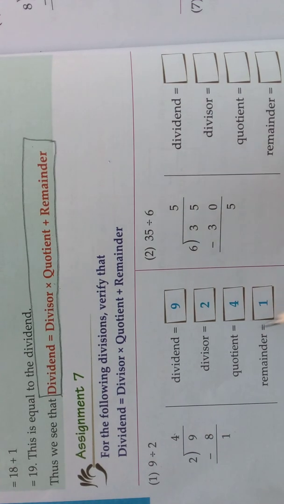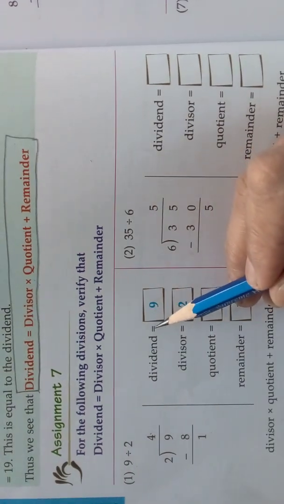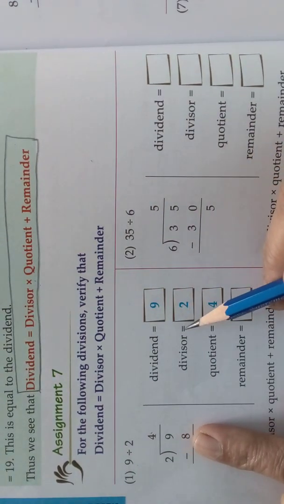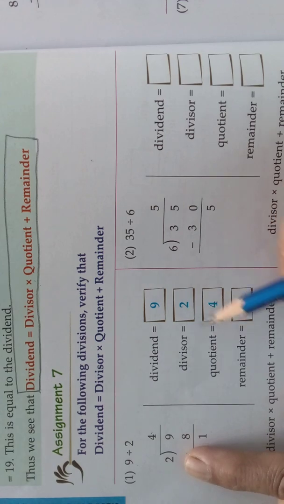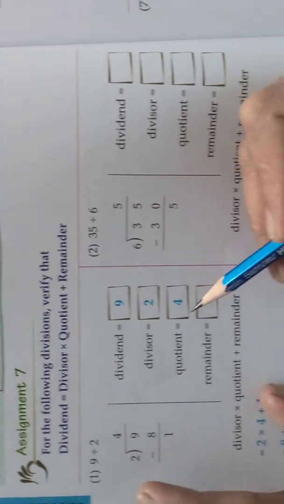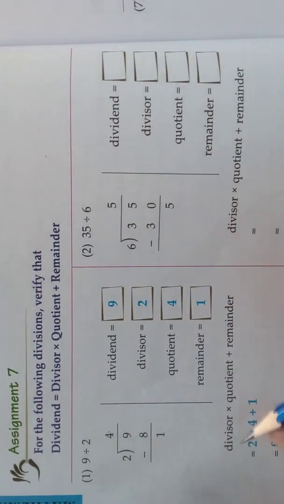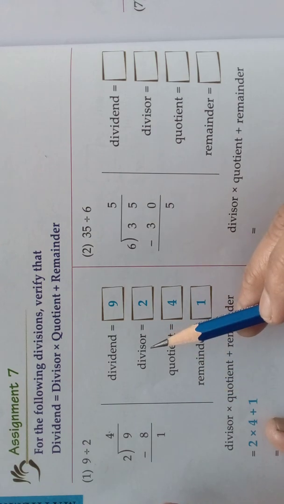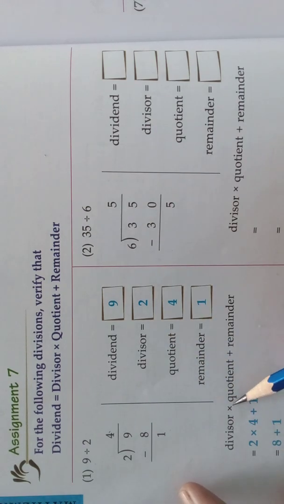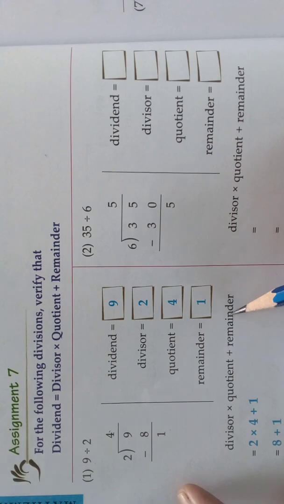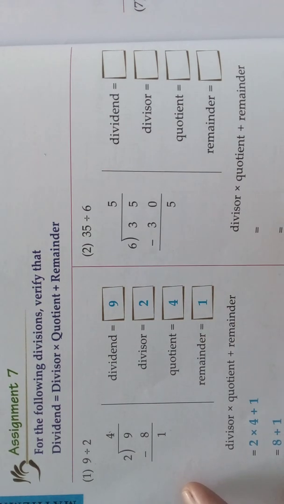We should find out all the things. What is the dividend here? Dividend is 9. What is the divisor? 2. What is the quotient? 4. What is the remainder? 1.